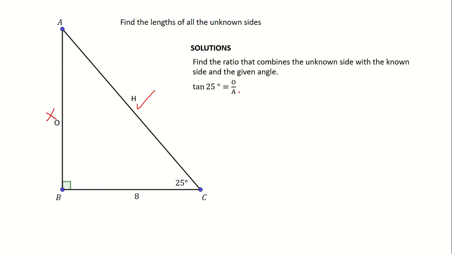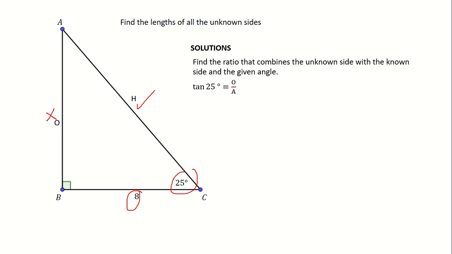As a matter of fact, I will simply be looking for O, but I'm given the adjacent and the angle. So what is the relationship between the side that I want and the given side? And you realize that it's O and adjacent. The only ratio that has O, which is your opposite, and your adjacent is the tan, which is tan of 25.